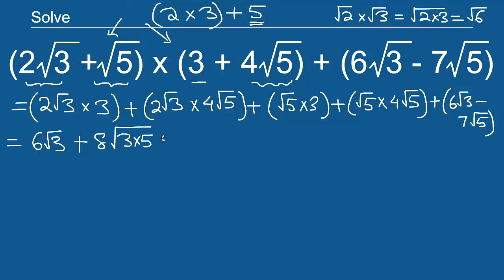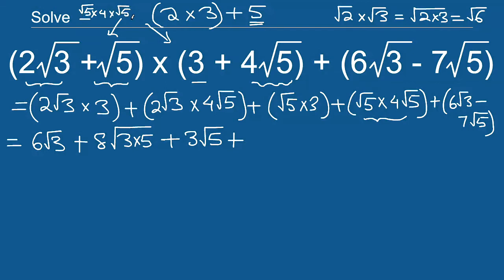Let's write the third term. This will be simply 3 square root 5 over here, right? 3 square root 5 plus what will we get here? This is square root 5 times 4 times square root 5.